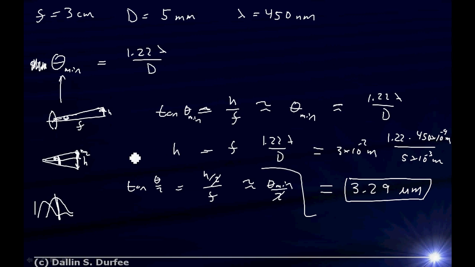Now, one thing, I kind of whizzed through this. One thing you should do is stop before you do your answer. You should stop at this point and say, do my units work out? Length, length over length. Those lengths cancel out, you're going to get a unit of length. That makes sense, all right? If I have a bigger diameter, that means I can resolve smaller angles, which means I ought to be able to resolve smaller things.